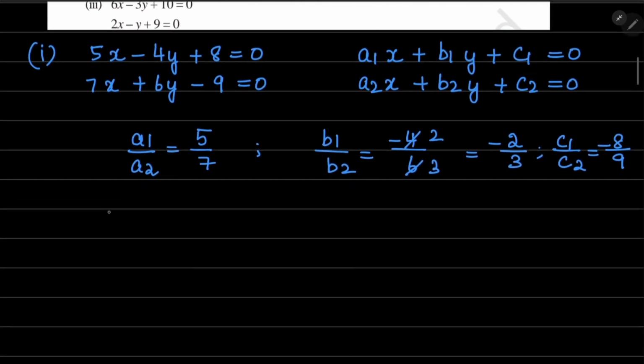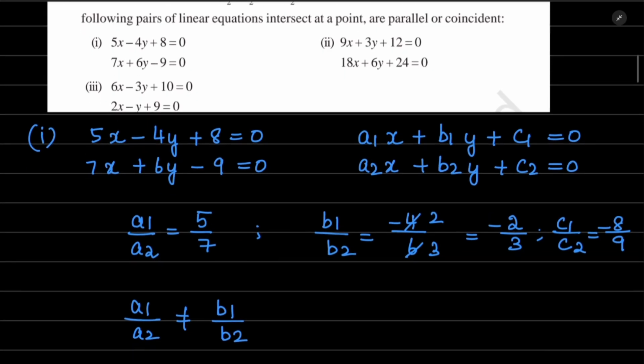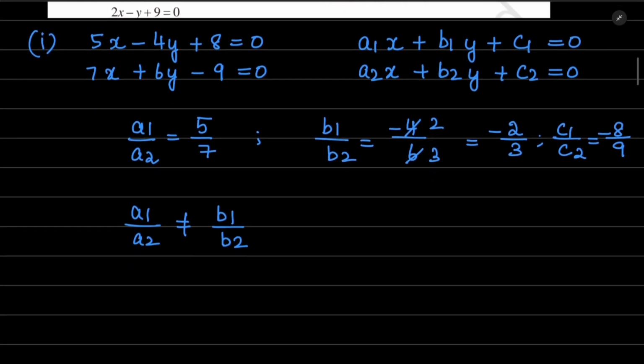But here the conclusion is a1 by a2 is not equal to b1 by b2. Whenever you have a situation wherein a1 by a2 is not equal to b1 by b2, that means it is a unique solution. It's a scenario for a unique solution, and the lines intersect at a point.